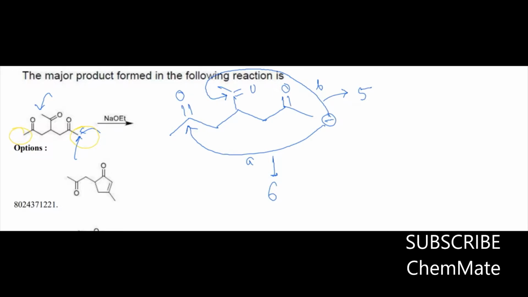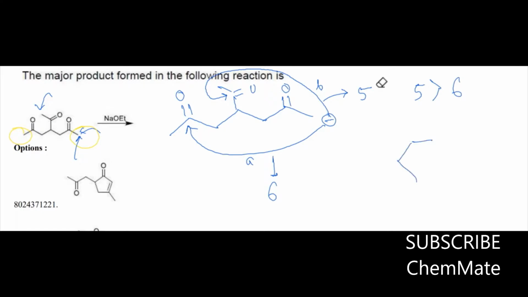Now, as we know, the rate of formation of a 5 member ring is greater than the rate of formation of a 6 member ring, and that's why the 5 member ring will be formed first, and the major product will be a 5 member ring.